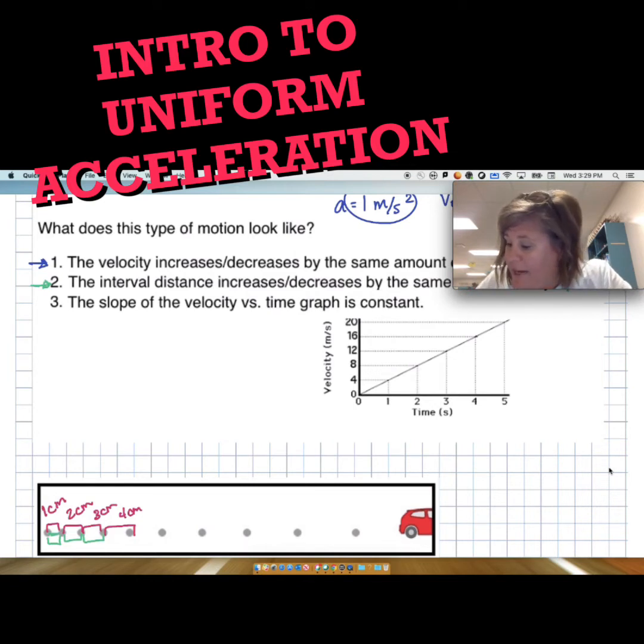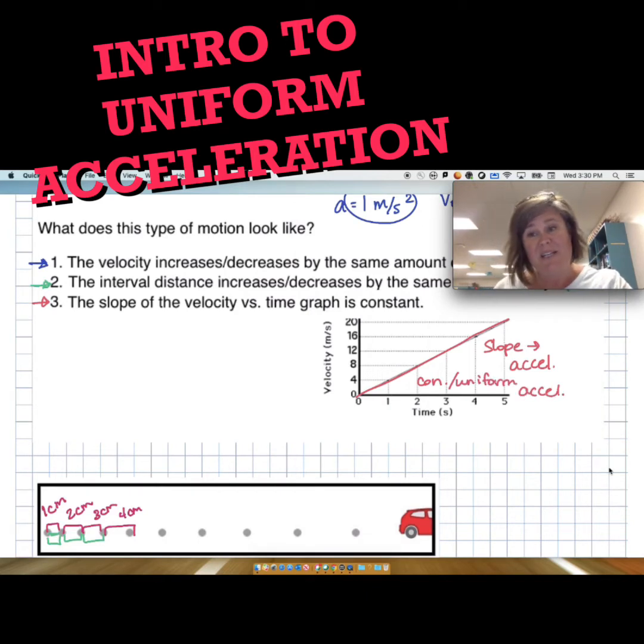Another characteristic of uniform motion or uniform acceleration is that the slope of the velocity versus time graph is constant. We have a velocity versus time graph, and we know that the slope represents the acceleration. So if this slope is constant, meaning we have a straight line, then we have a constant or uniform acceleration, which means the acceleration stays the same.